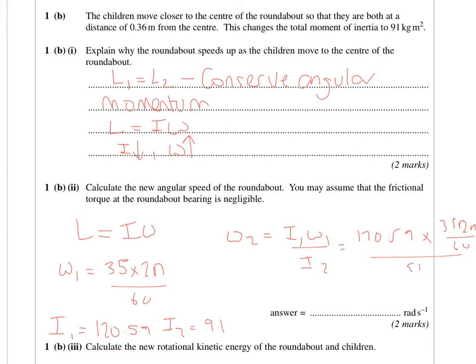So let's type that in: 120.59 times 35 times 2 times pi, divided by 60, and then we divide that by 91, and that gives us an answer of 4.856 and so on. So that's going to be 4.9 once you round it to two significant figures.